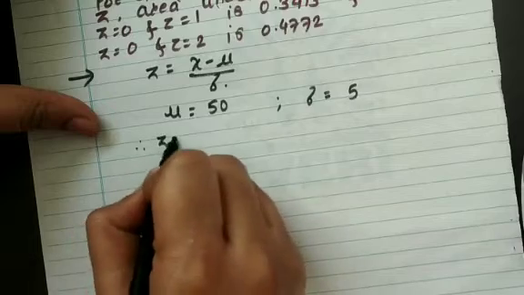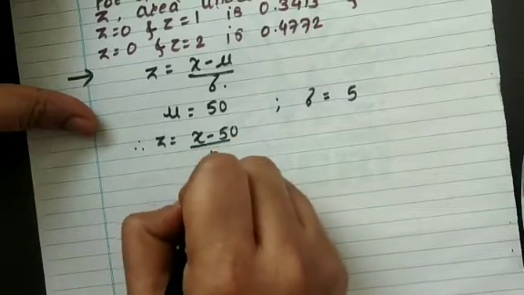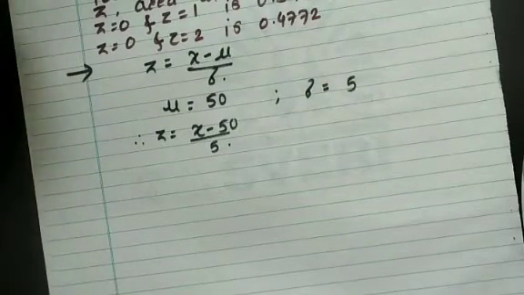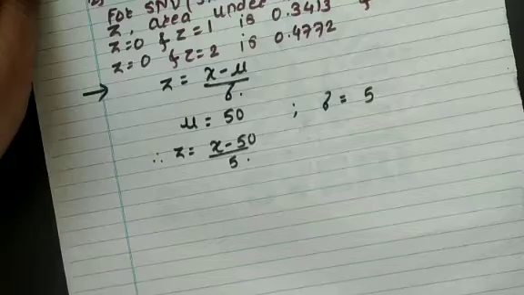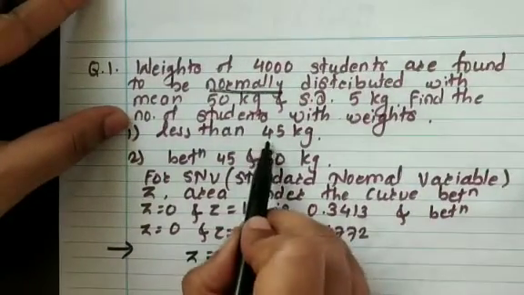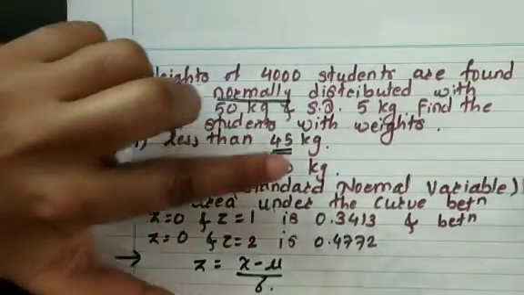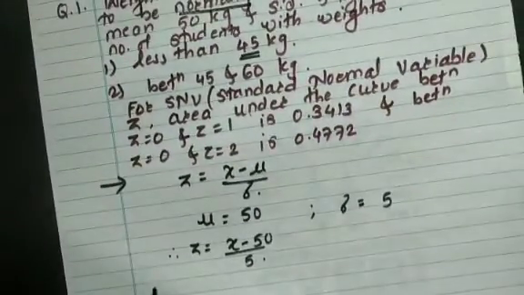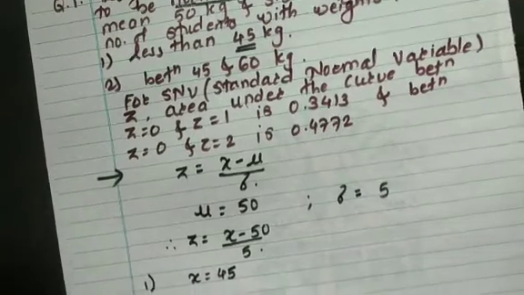Therefore z is equal to x minus 50 upon 5. Next we have to solve the first question, which is less than 45 kg. So for the first question, your x is 45.